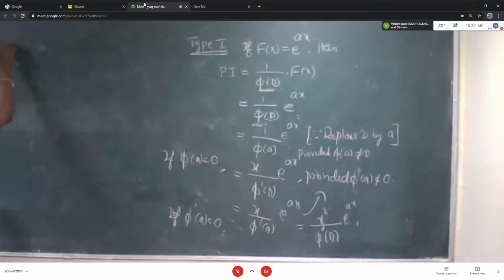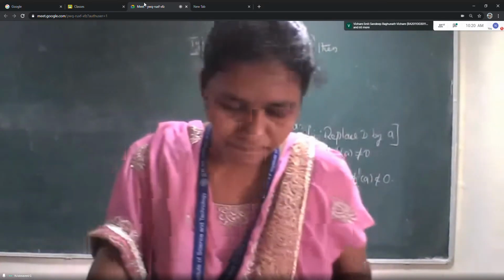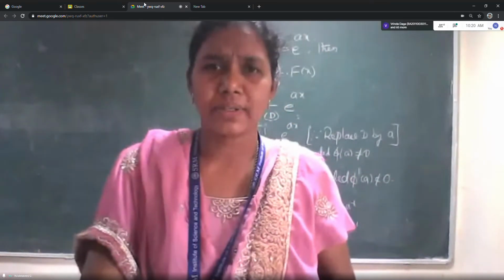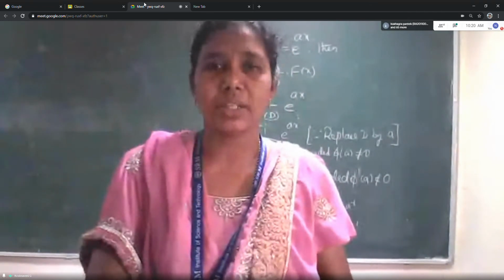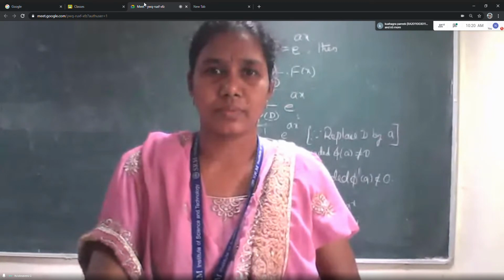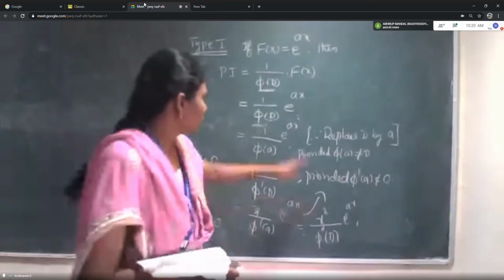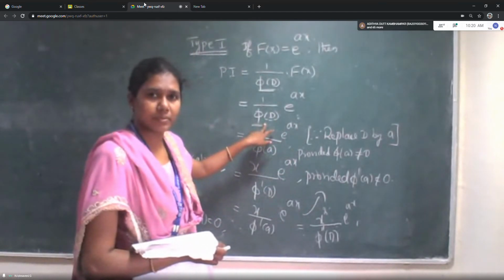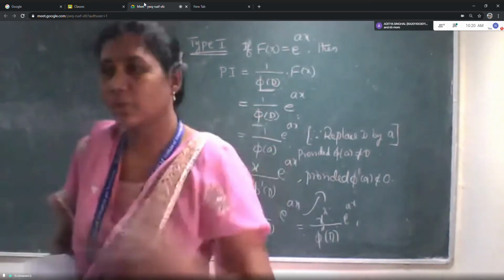Ma'am, we are getting x by differentiating e to power ax only, right? No, we are differentiating with respect to D only the denominator value. No need to differentiate the right hand side function. You don't take this, you differentiate this. And when we solve the problem, you can easily understand.